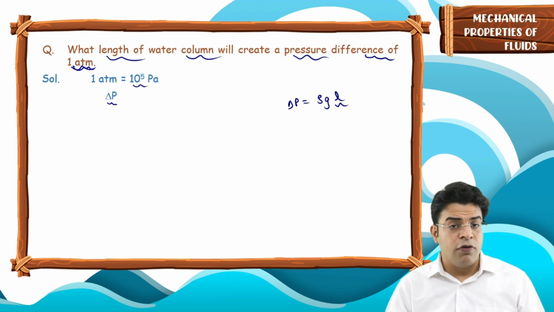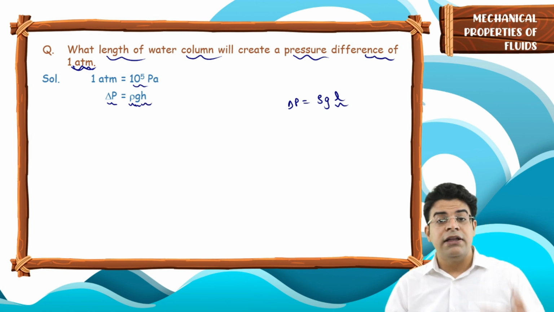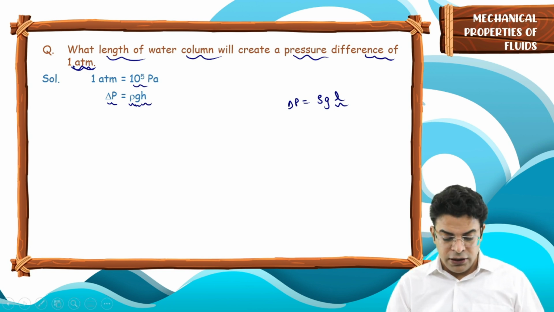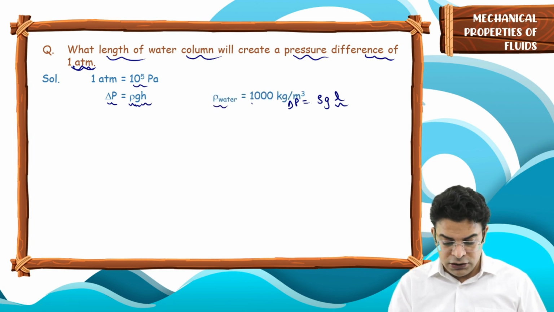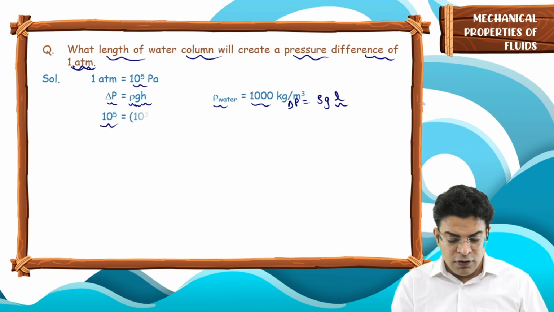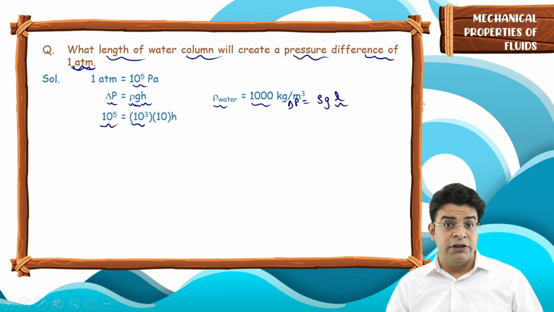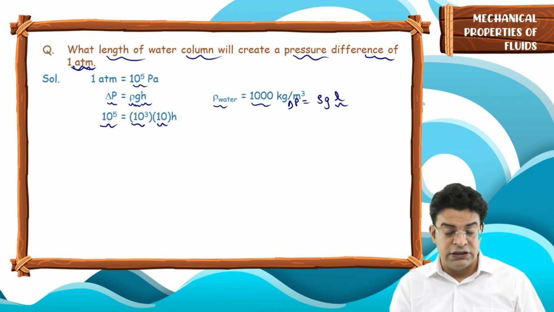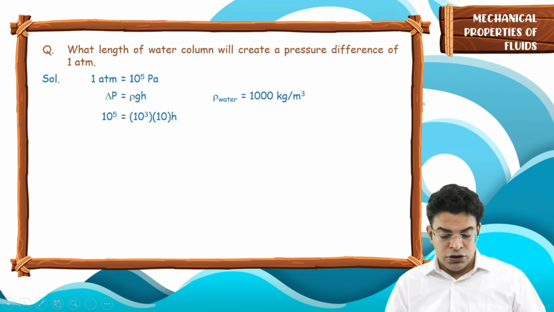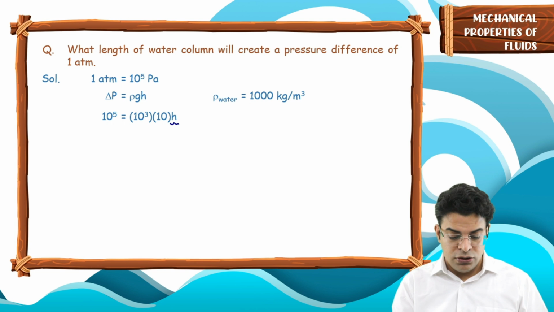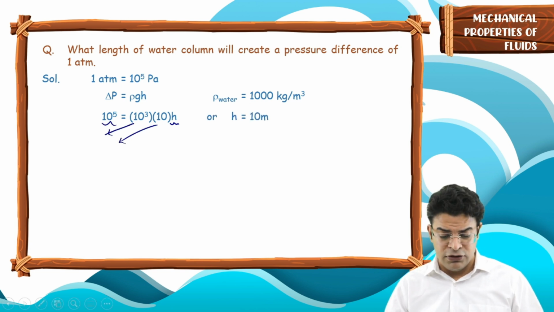So 10 raised to the power of 5 equals the density of water, 10 raised to the power of 3, into g, which is 10, into the height h that we need to find. So h equals 10 raised to the power of 5 divided by 1000 divided by 10. So the height comes out to be 10 meter.